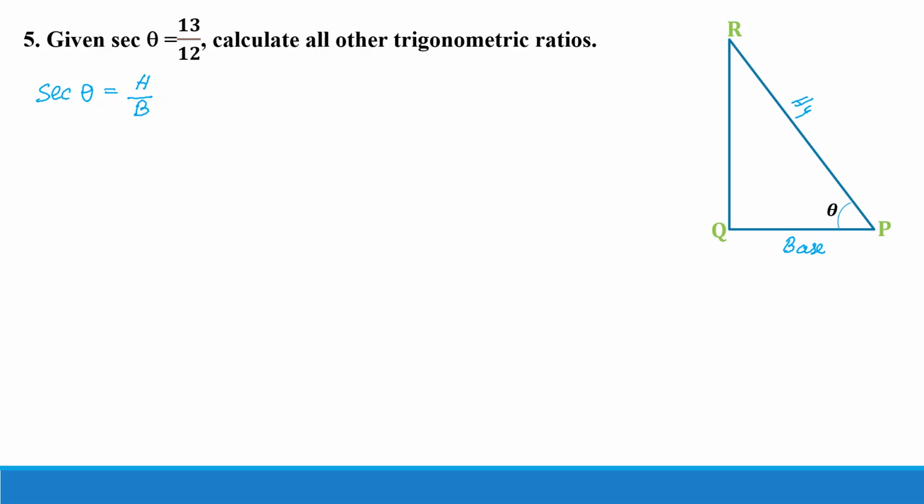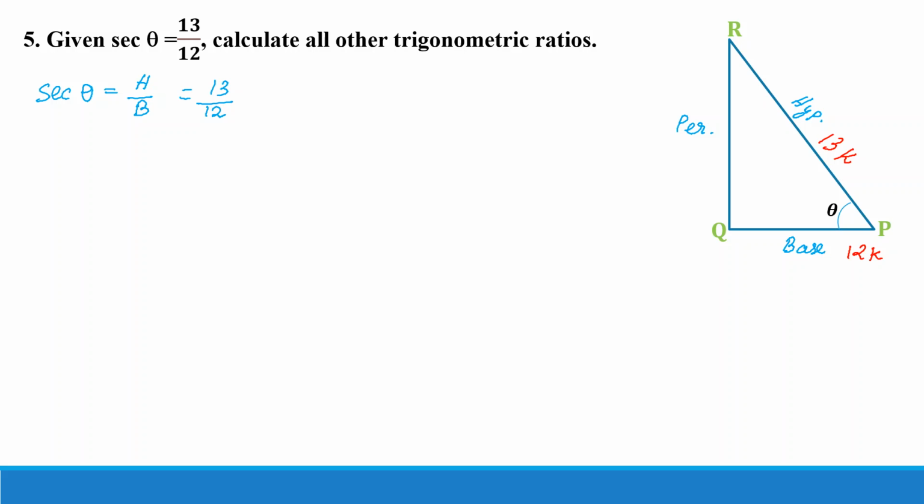This is hypotenuse and QR will be perpendicular. So this is given as 13 by 12. So we can consider the hypotenuse as 13k and base as 12k, and then we calculate the value of QR once again by using Pythagoras theorem.